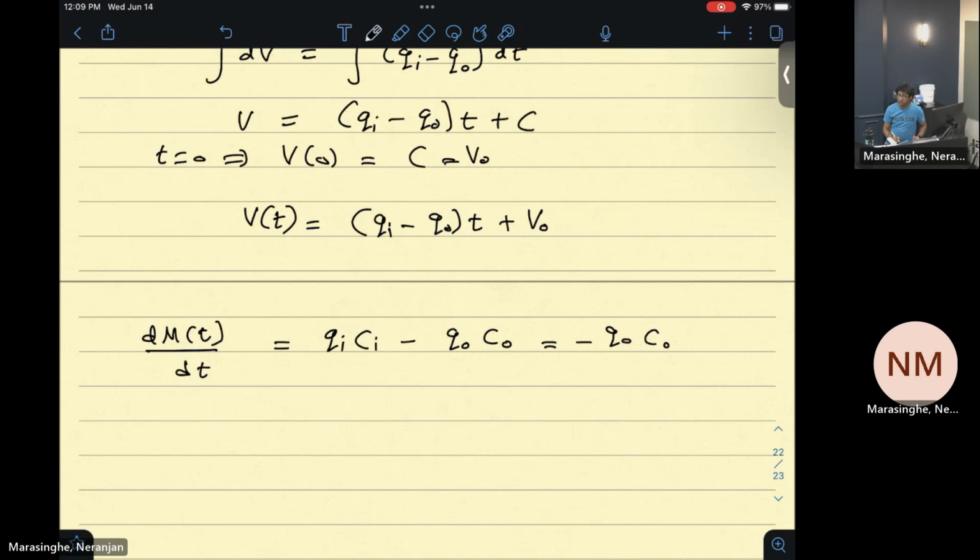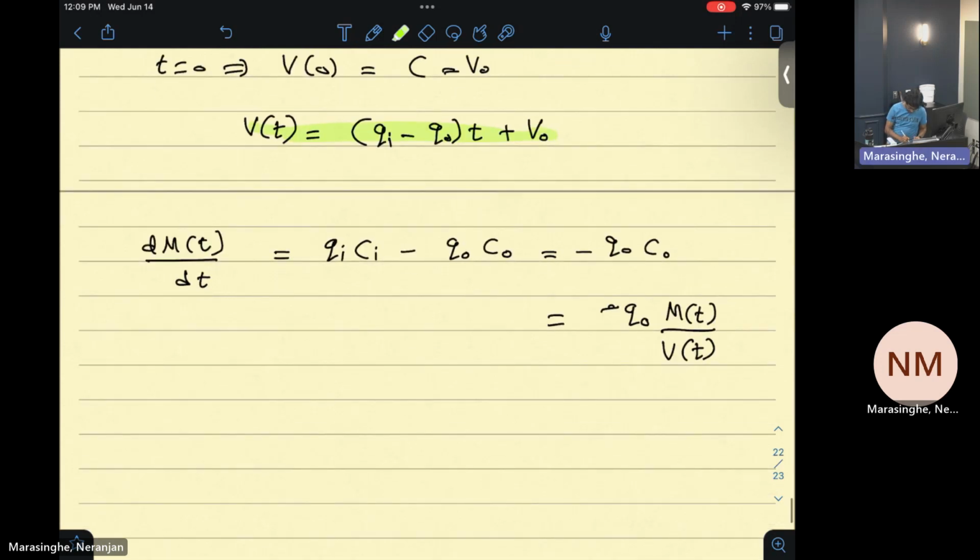So what is the output concentration at time t? At time t, the mass is going to be mt and volume is going to be Vt. But we have the formula for Vt, so plug that in.